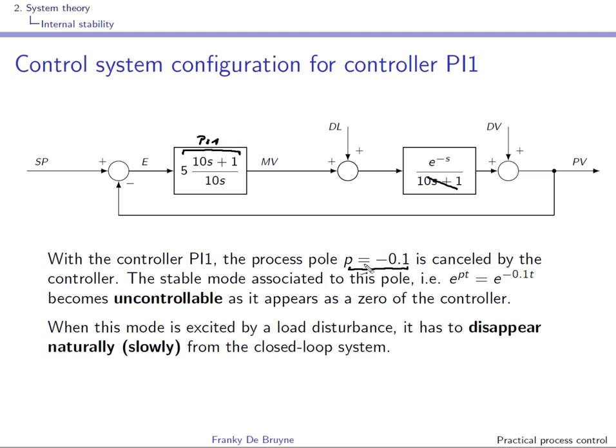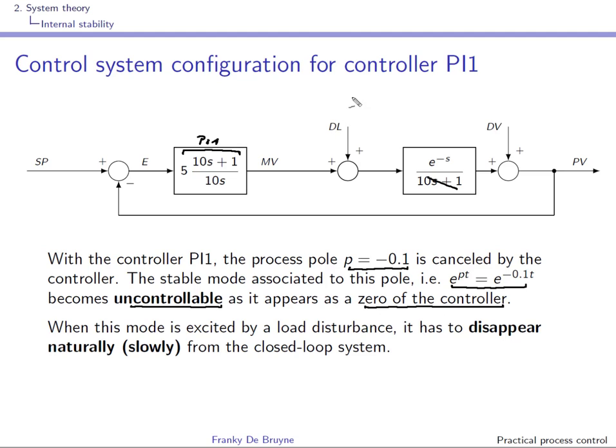But what will happen is that the stable mode associated to this pole will become uncontrollable as well. P equal to minus 0.1 appears at the 0 of the controller, right?